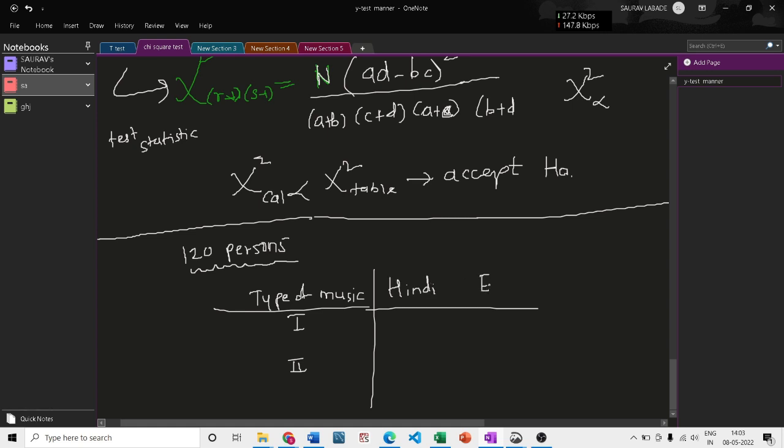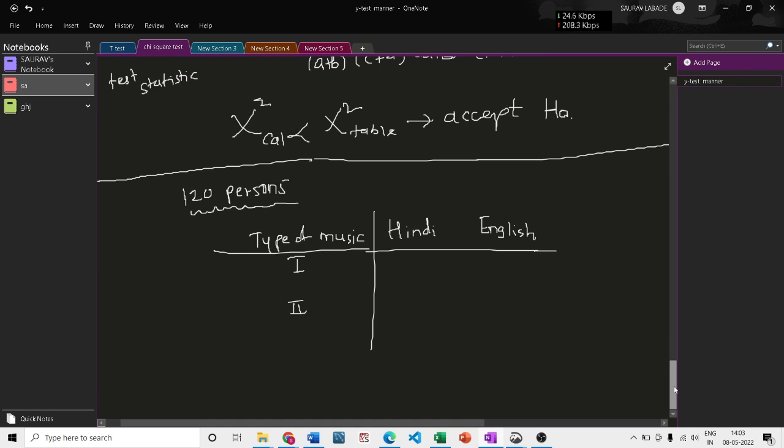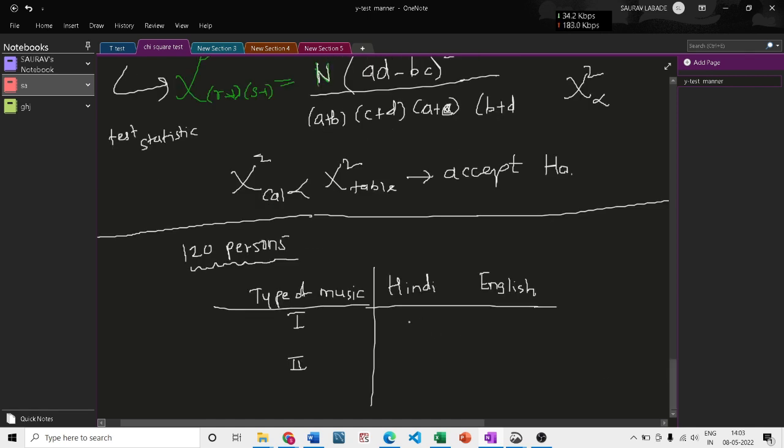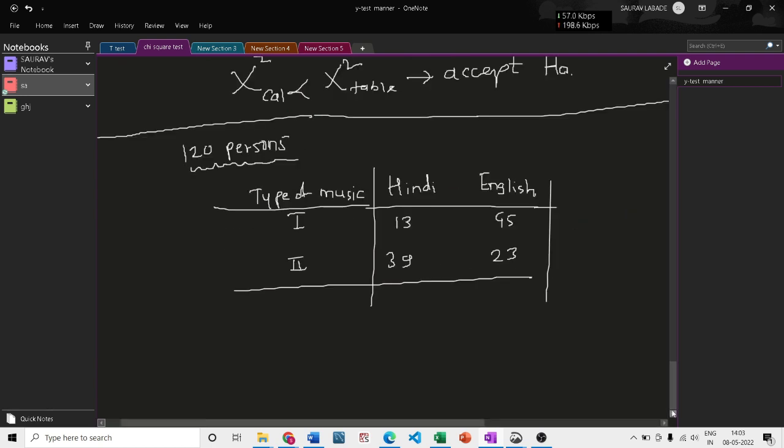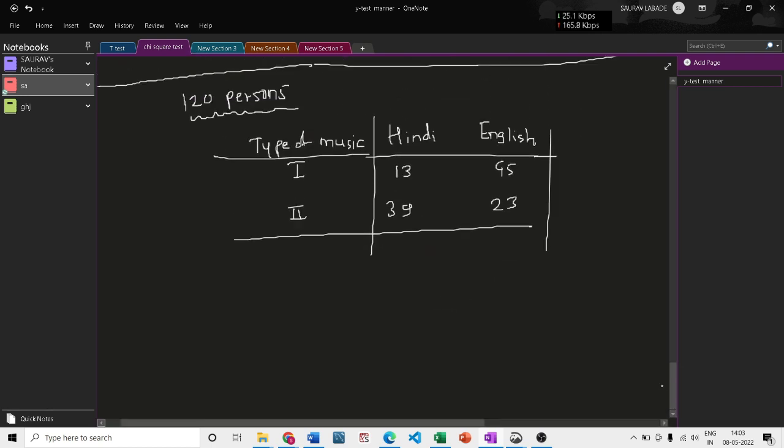The data given is 13%, 45%, 39%, and 23%. And the question is: examine whether the preference for the music type is dependent on the language.